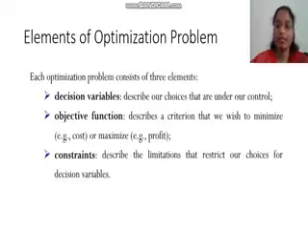The objective function describes the criterion that we wish to minimize or maximize, such as profit or cost. And the third one is the constraints, which describe the limitations that restrict our choices for the decision variables.